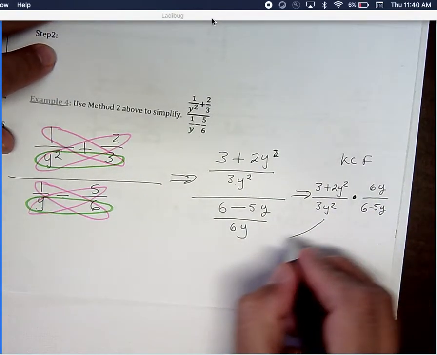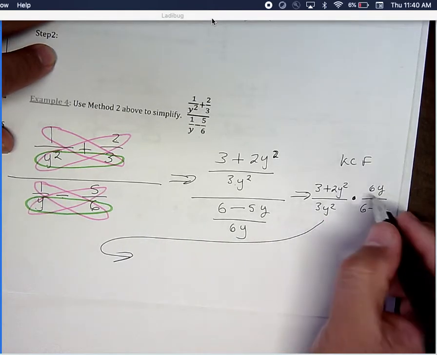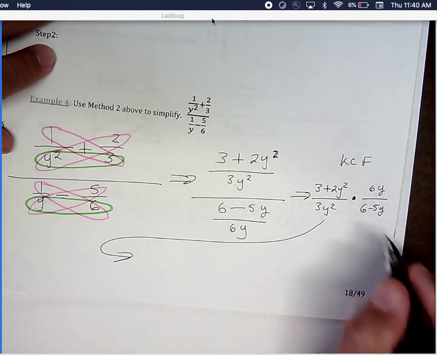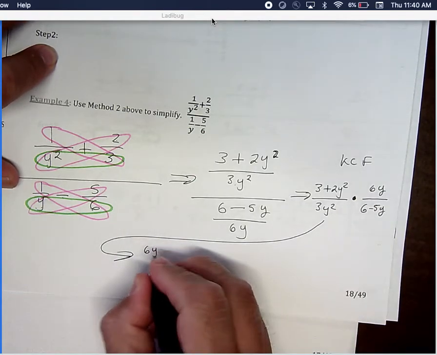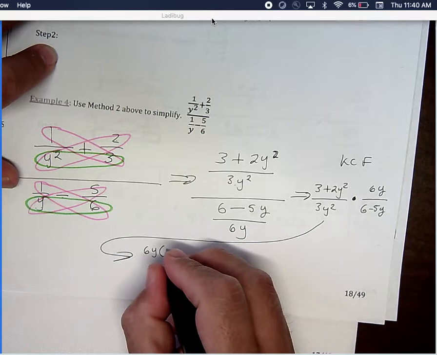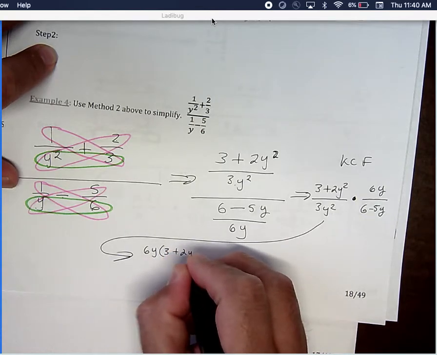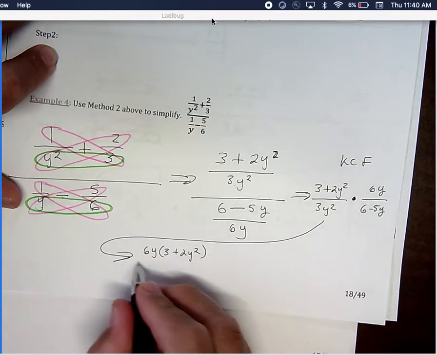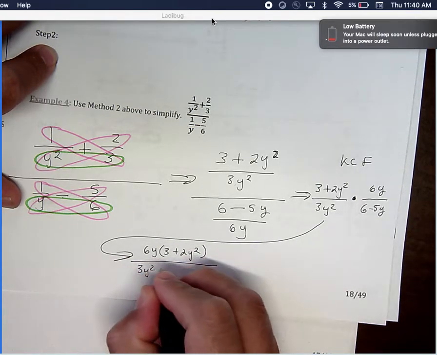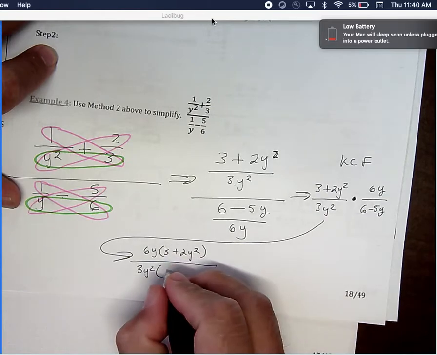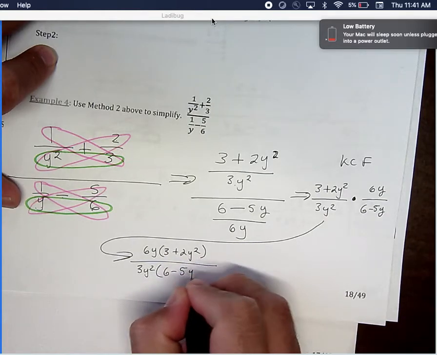Okay, so now multiply numerator by numerator and denominator by denominator. So I'm gonna put the 6y times, in parentheses, 3 plus 2y squared, over 3y squared times that in parentheses, 6 minus 5y.